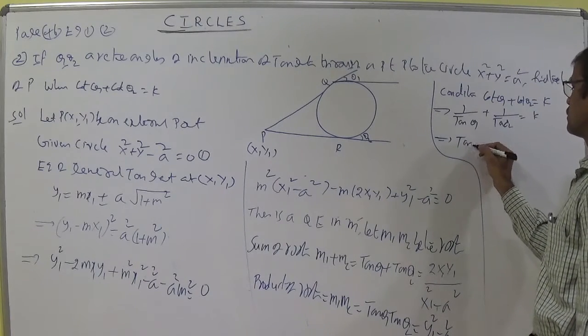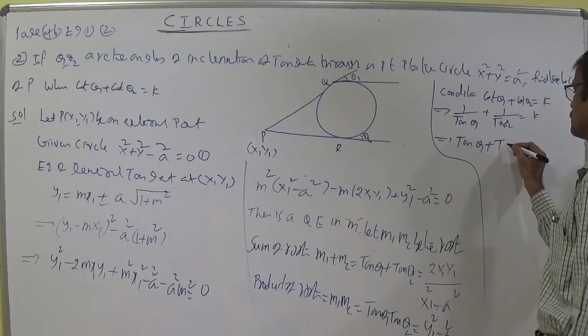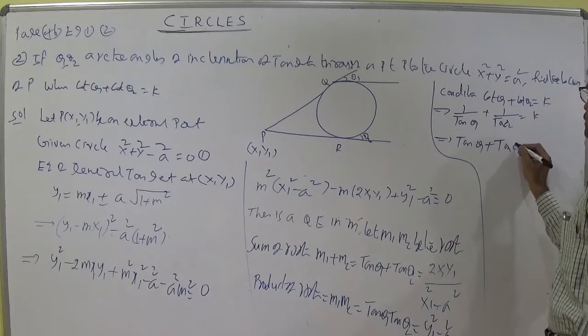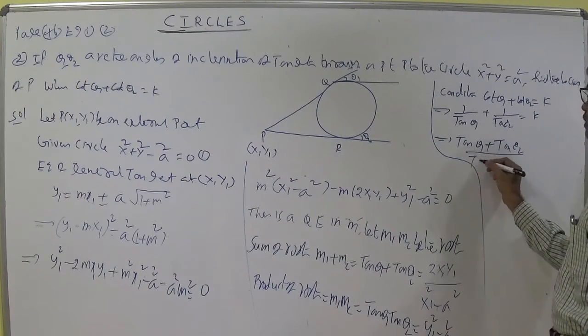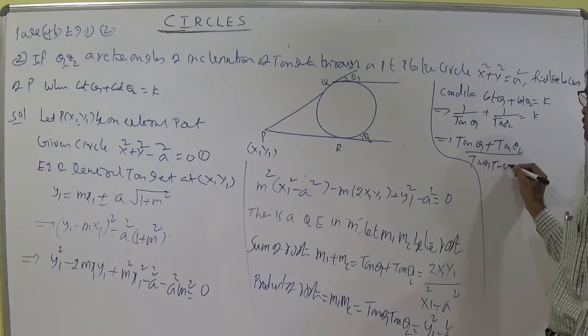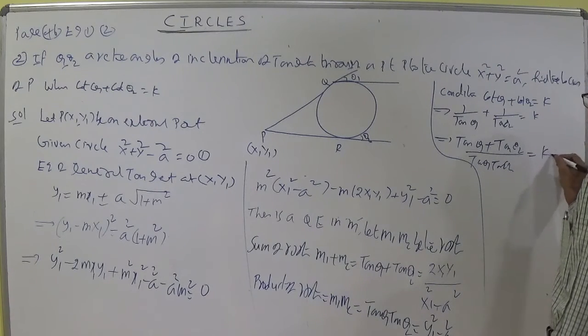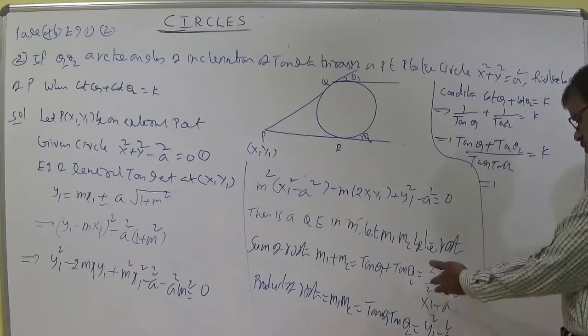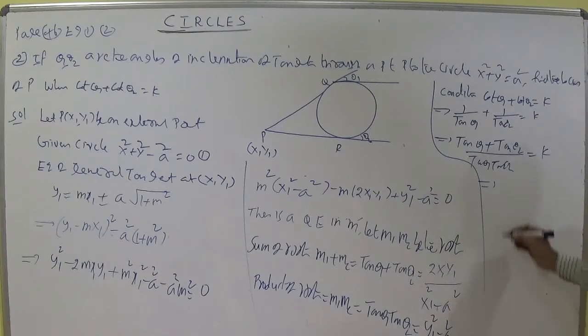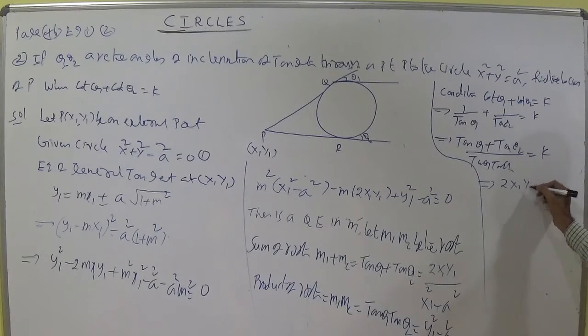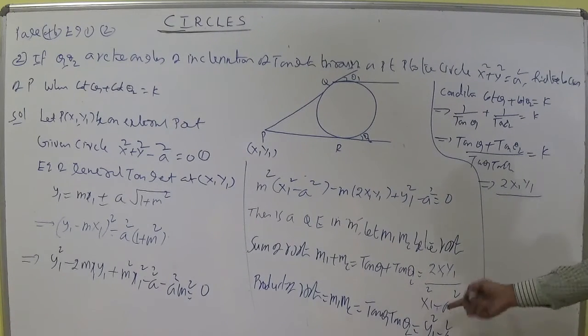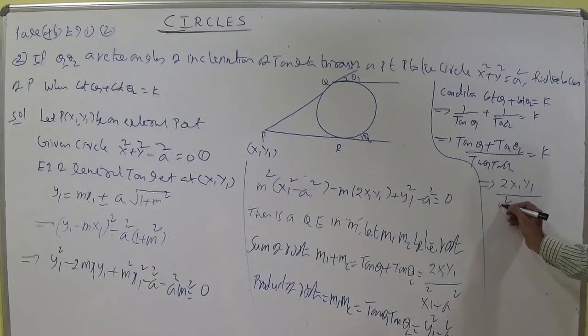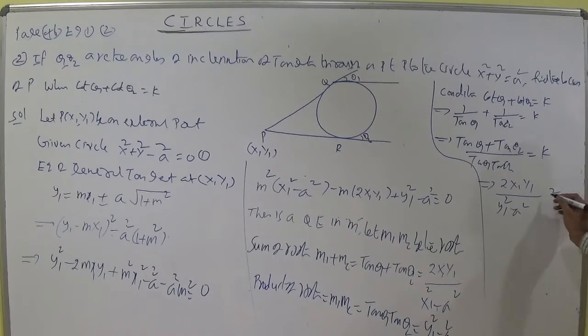Taking LCM, this is (tan theta 1 plus tan theta 2) by (tan theta 1 into tan theta 2) is equal to k. Using the sum of roots, tan theta 1 plus tan theta 2 means 2x1 y1, by, the x1 square minus a square gets cancelled, y1 square minus a square is equal to k.